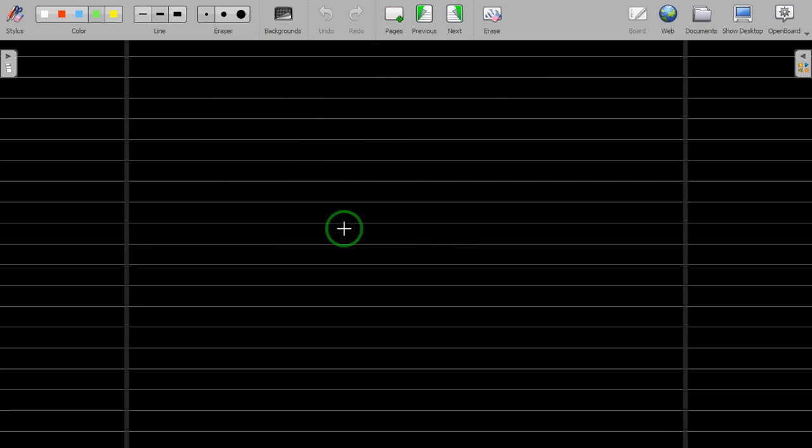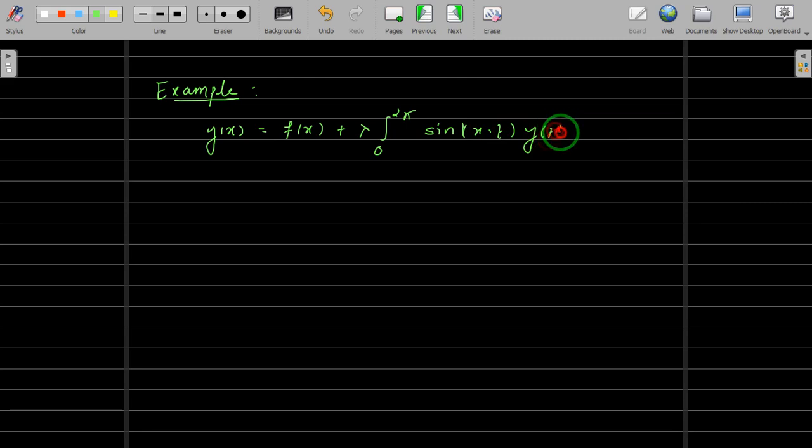Example: y of x is equal to sin of x plus the integral of sin of (x plus t) y of t dt.